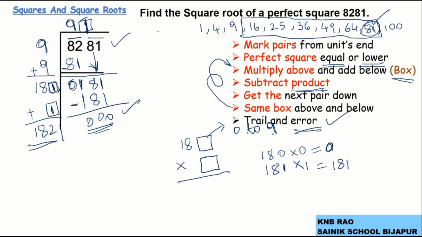We have to choose the digit out of 0 to 9, any one, by trial and error only. Now what is the actual answer? Therefore the square root of 8281 is the quotient which I have got on the top, that is 91.